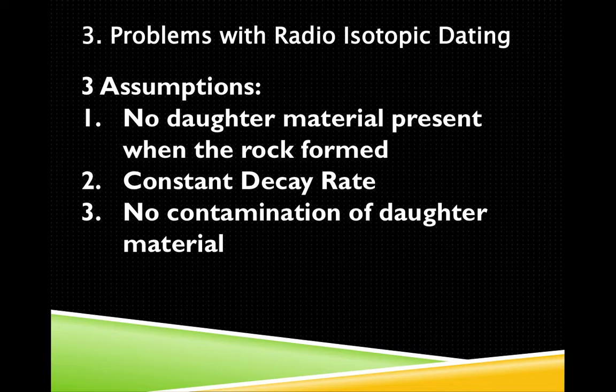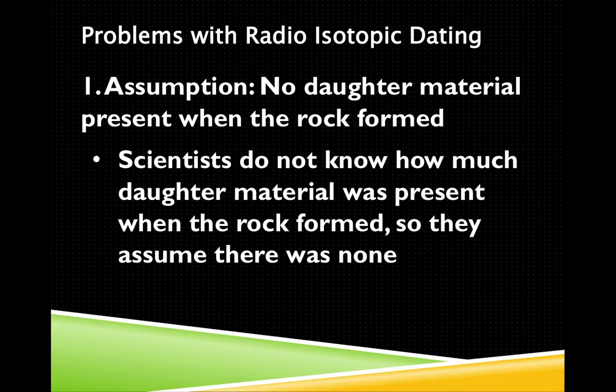So let's look at some examples here of different cases where each of these assumptions has been brought into question. The first one is the assumption that no daughter material was present when the rock formed.